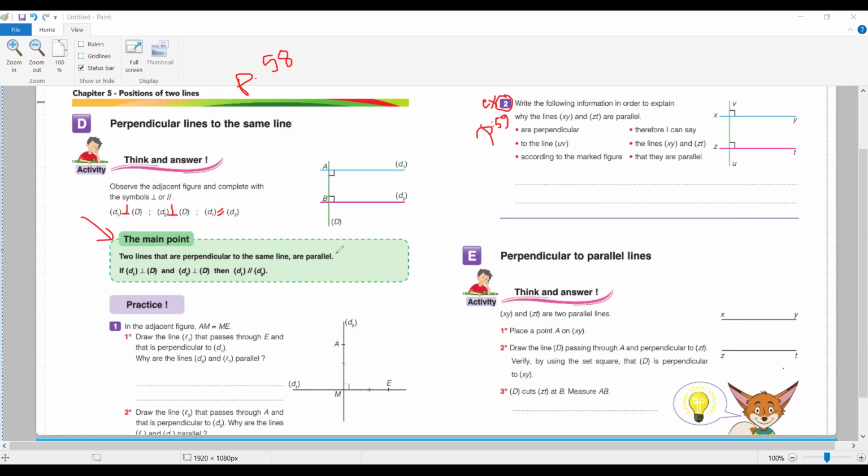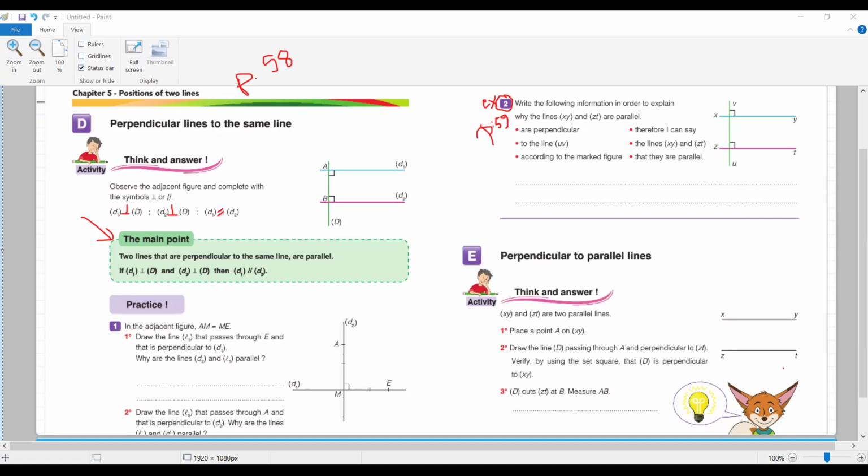Miss, I want to choose from the six one of them to explain why they are parallel. You have to choose all the sentences, but you have to put them in order to explain why they are parallel.